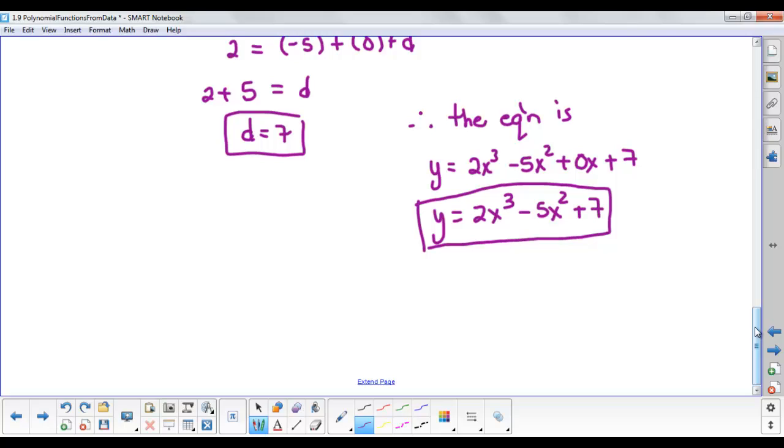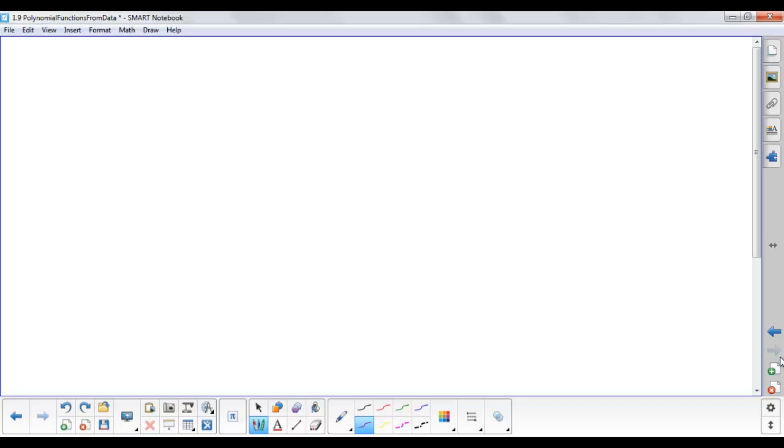So that is it for today's lesson. I will just kind of give you a summary of what each function should look like. Remember that linear functions would look like that.